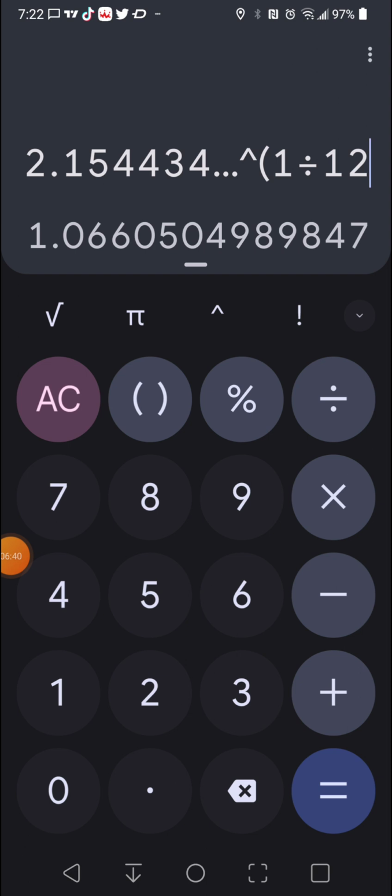So each month, you have to increase your account 1.066 times. So if you have $100, by the end of the month, you better have $106.60. If you don't have that, you didn't make it.